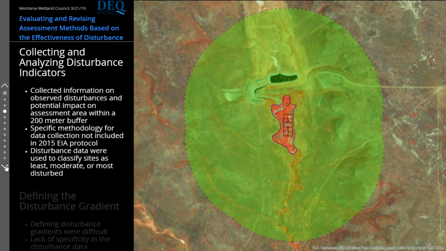It almost exactly mimics the process of the National Wetland Condition Assessment: develop a disturbance gradient and disturbance categories, and use the least disturbed category to develop condition categories for wetlands within the Musselshell.